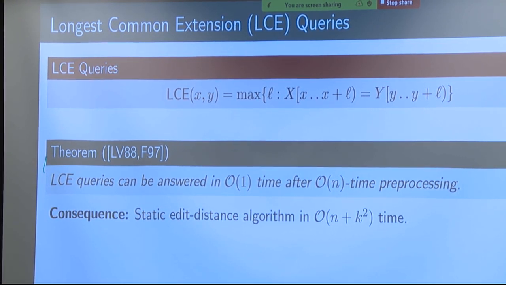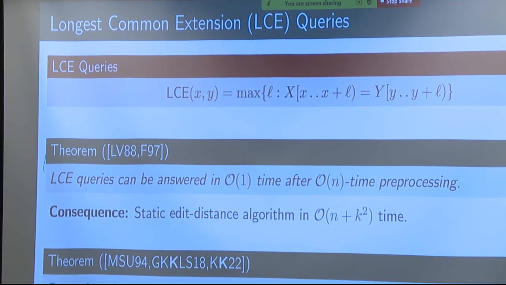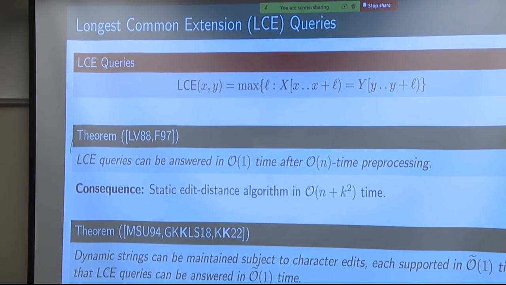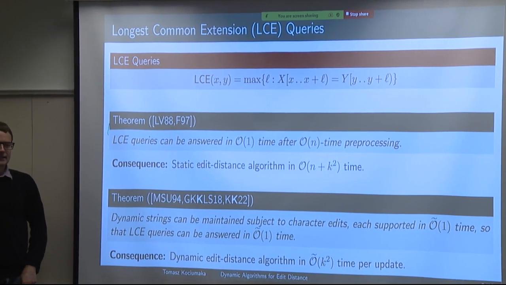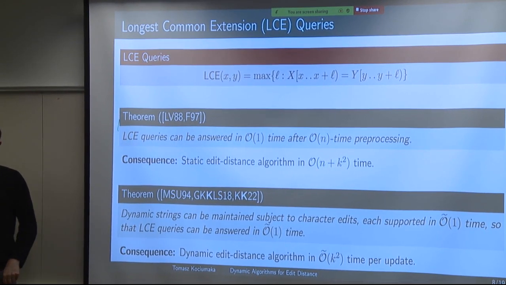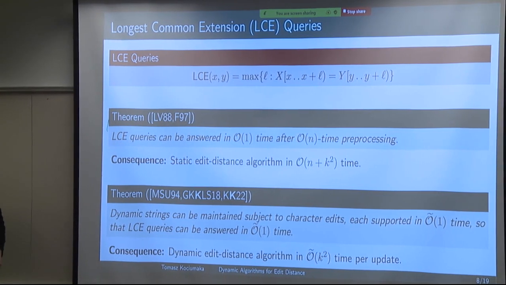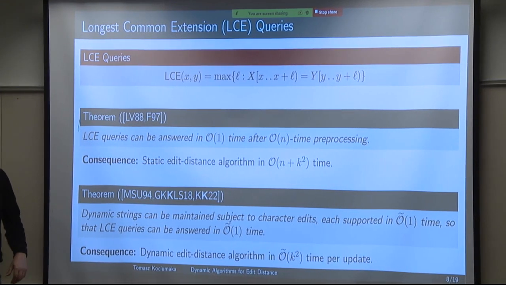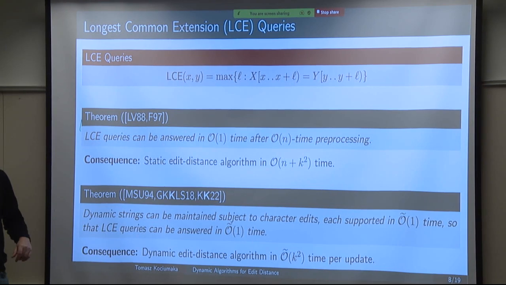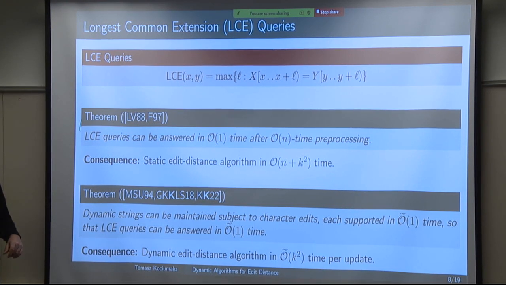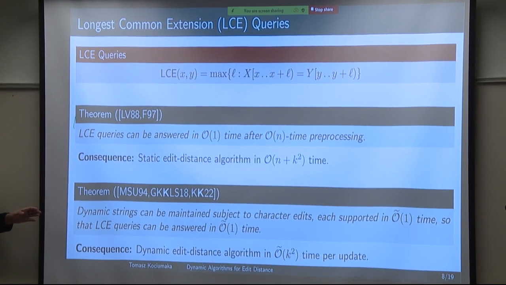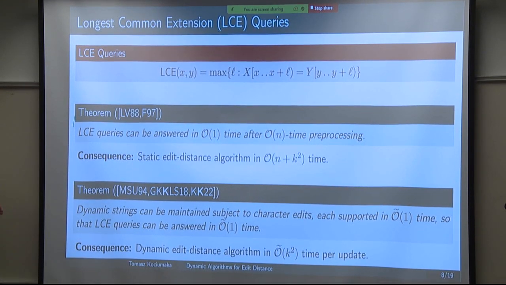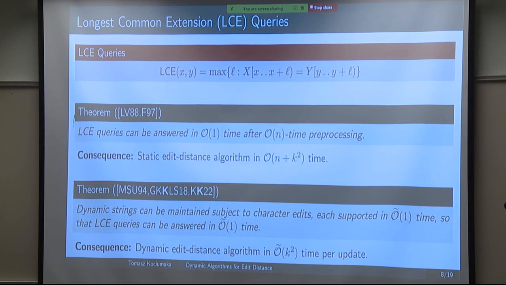And to have a dynamic counterpart of this algorithm, it suffices to observe that LCE queries can be implemented in polylogarithmic time in the dynamic setting, with updates also supported in polylogarithmic time. And this is what Mehlhorn, Sundar, and Uhrig already did in the first half of the 1990s. Originally, this polylogarithmic dependency was quite high. By now, we know that with a randomized algorithm, we can get a single log n factor.